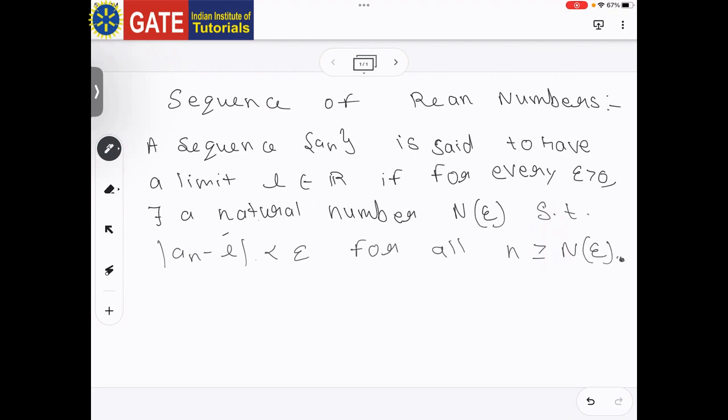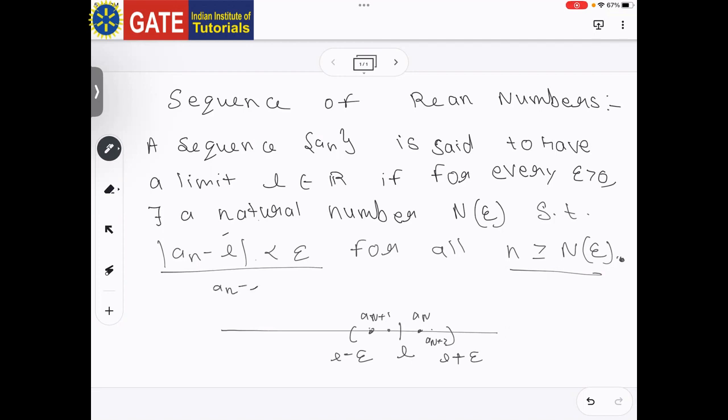So what they're saying is, if this is your L, you take any neighborhood around L. So this is L plus epsilon, L minus epsilon. Your sequence after some capital N will be inside this. That is a_(N+1), a_(N+2), the tail will be inside this. You look at this equation.